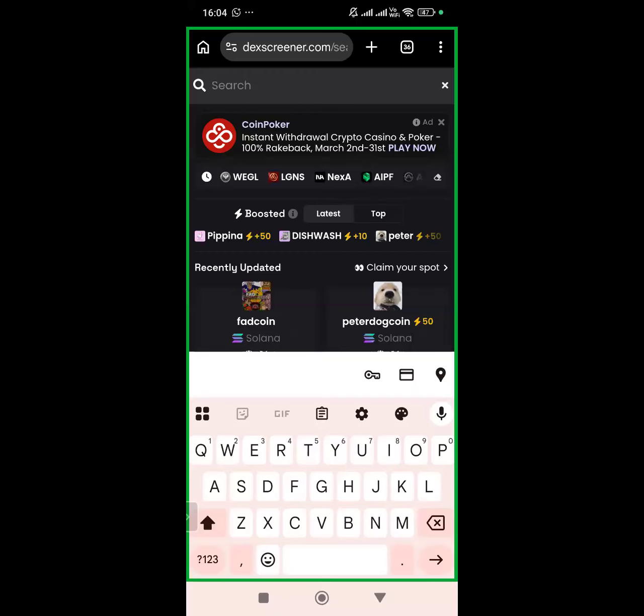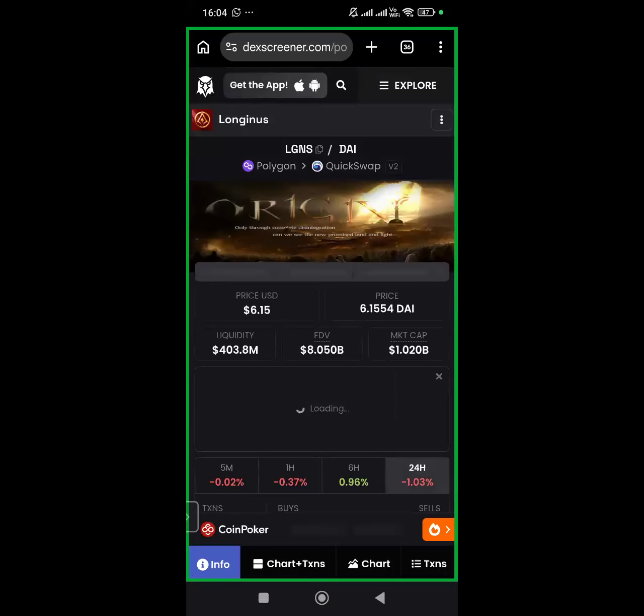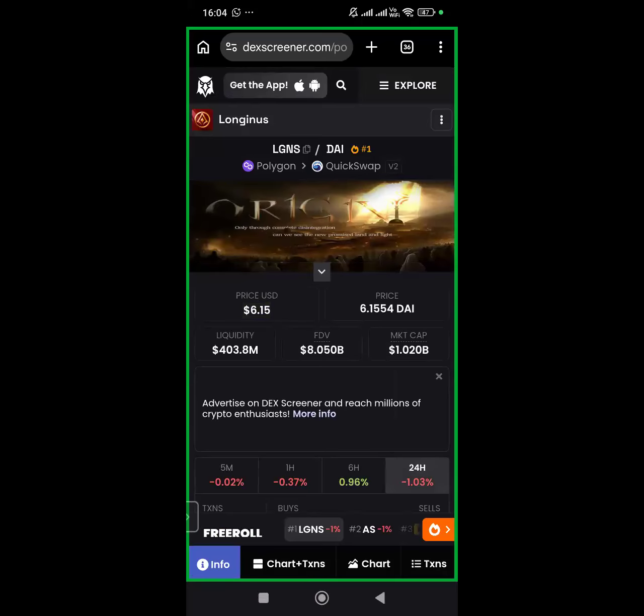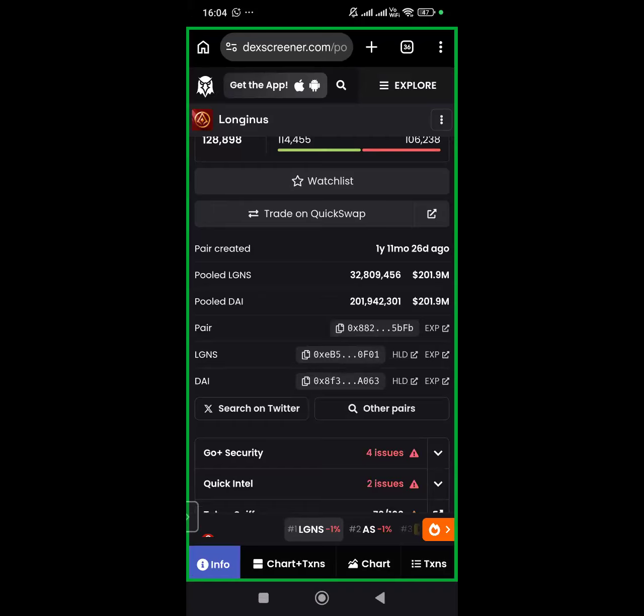For the first time in history we get a project that has mechanism, reality, a real ecosystem, and nothing hidden. Let me show you LGNS, the biggest project of this market. Even you see the price, $6.15. Liquidity is huge, 403.8 million. But you can see the rug pulls.